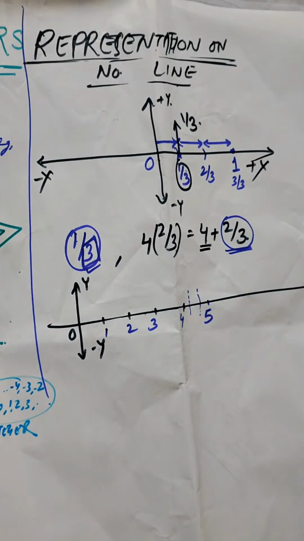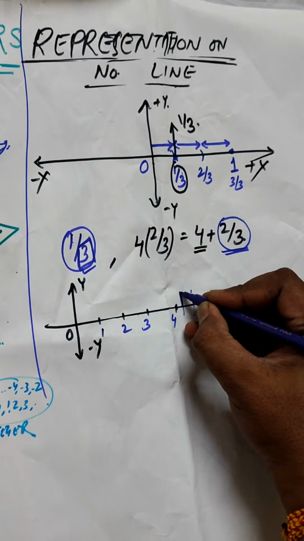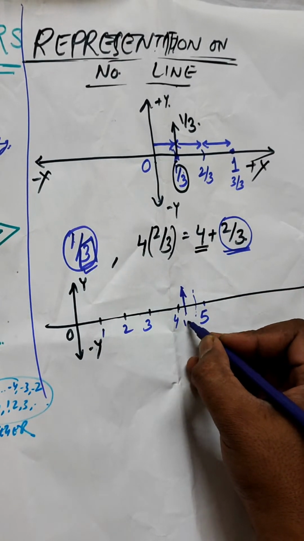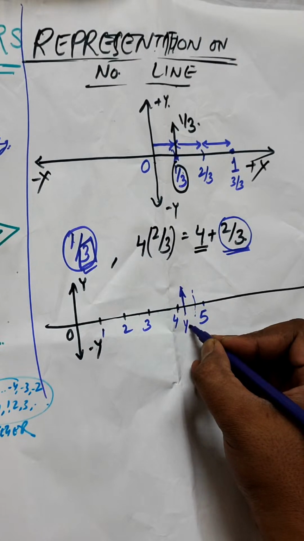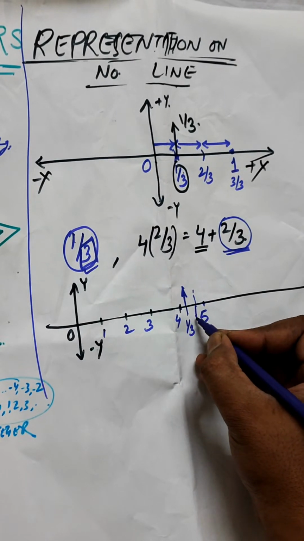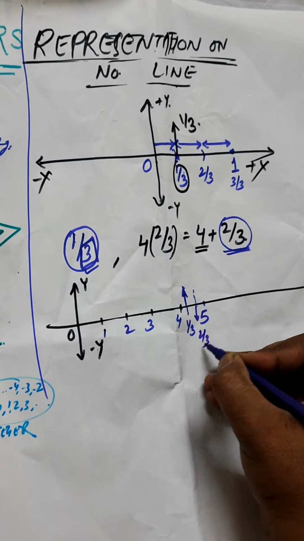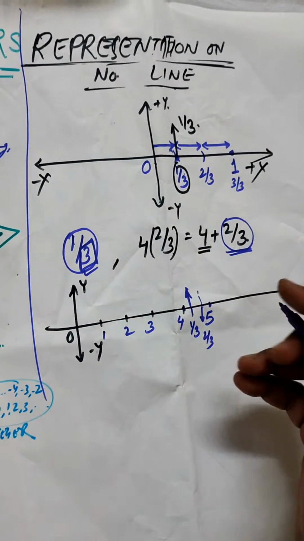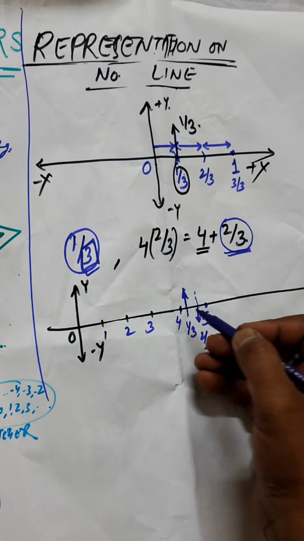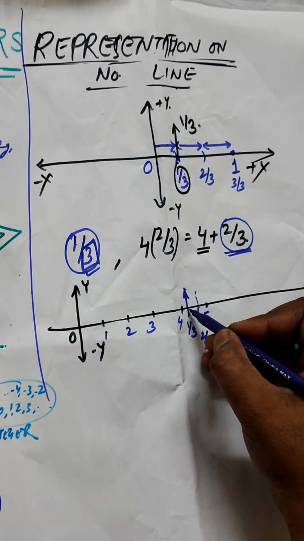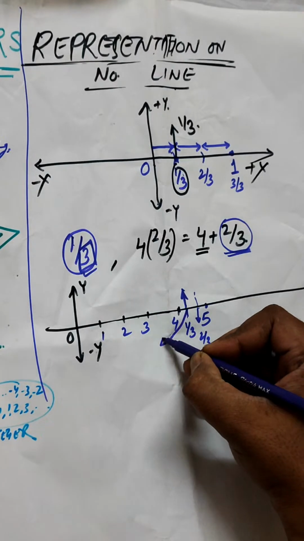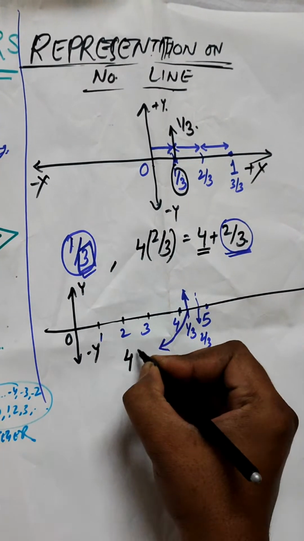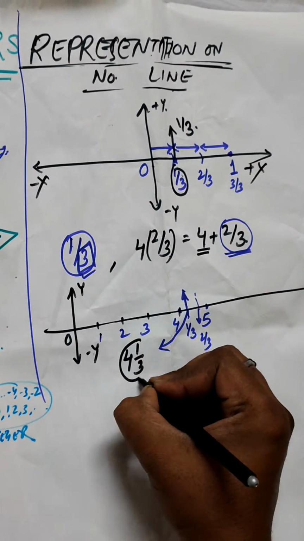Then we can say this point is 1 by 3, and this point is 2 by 3, and this is 3 by 3, right? Now this point can be represented as 4 1 by 3, right?